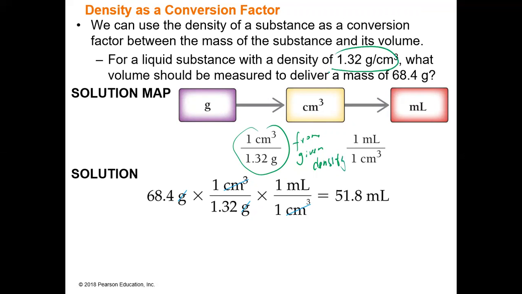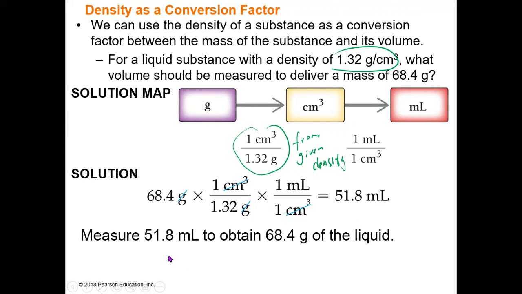Then we can see the cancellation of the units correctly, and we get milliliters. Therefore, if you measure, for that given substance with density 1.32 gram per centimeter cubic, 51.8 milliliter, you will get 68.4 grams.